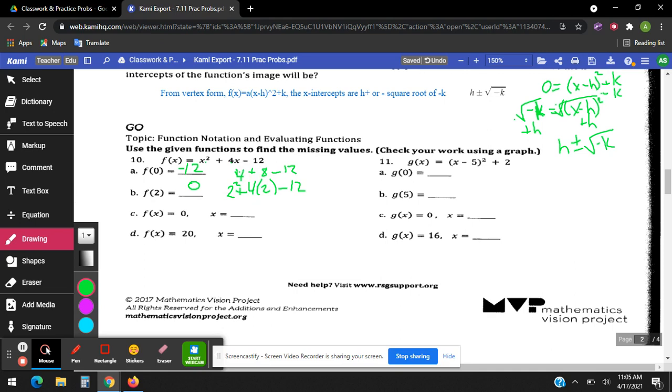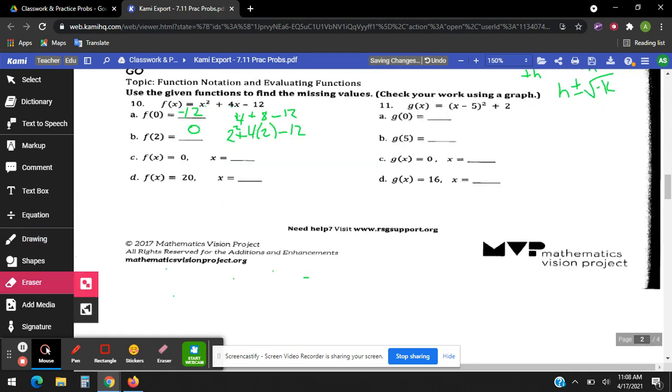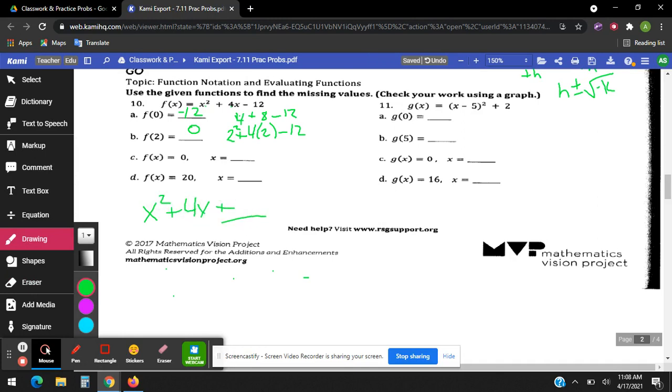So now I'm going to look back up here with this equation and see what I've got. So x squared plus 4x, so divide by 2 equals 2. 2 squared is 4. So 4 to negative 12 would be x plus 2 squared.